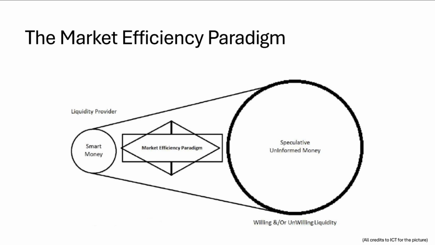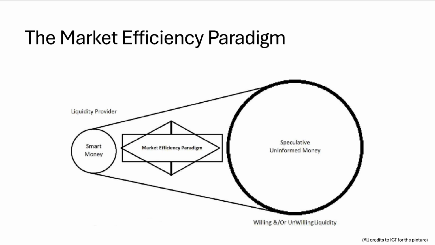So on the left side, we have smart money, which is the liquidity provider. We have the willing and unwilling liquidity, which is the speculative uninformed money, which we've stated are reactive-oriented traders and they act based on their emotions. They trade patterns for pattern's sake.